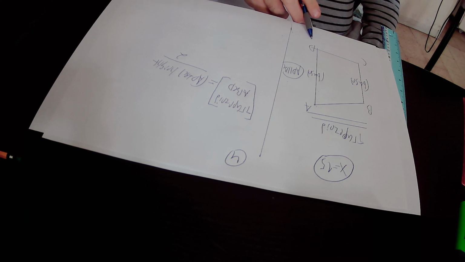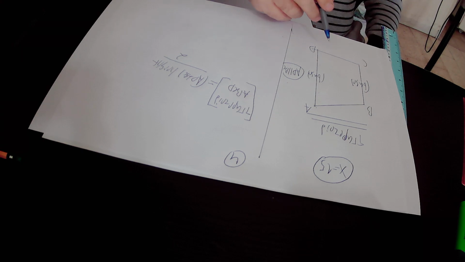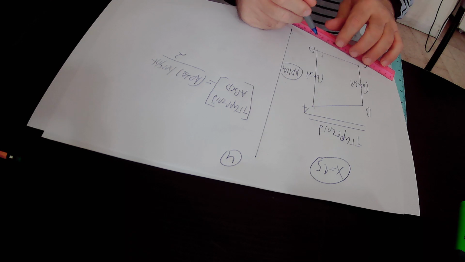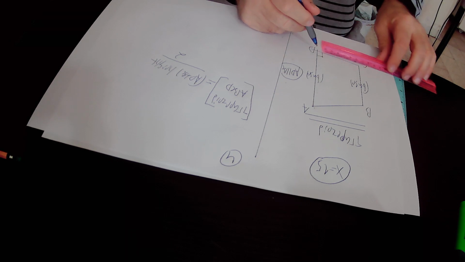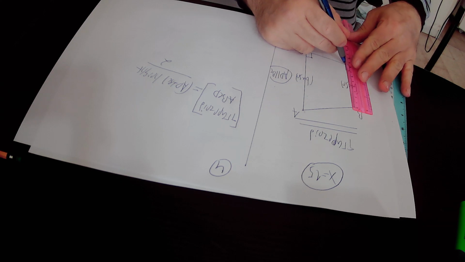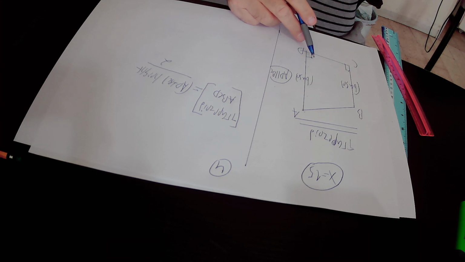So if CD creates 90 degrees, that is to say, if this angle equals 90 degrees and this angle also equals 90 degrees, then the height is CD. But if CD doesn't create 90 degrees with the two bases, then we'll just draw a perpendicular to one of the bases, and the perpendicular will be the height.